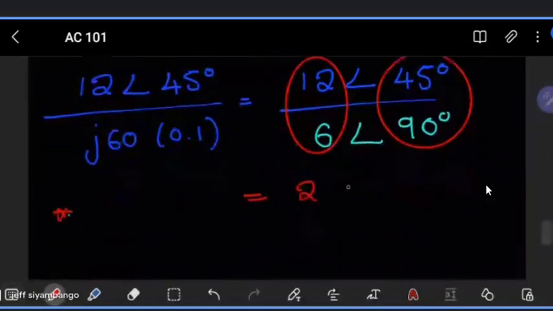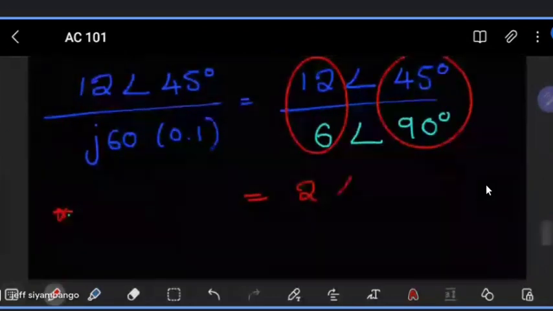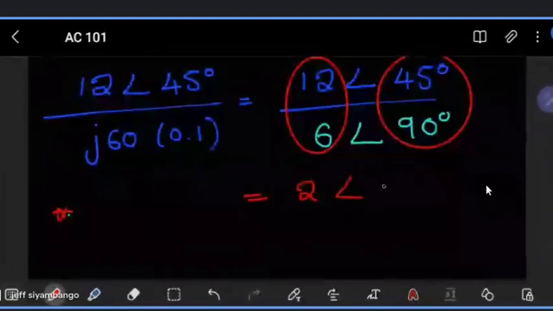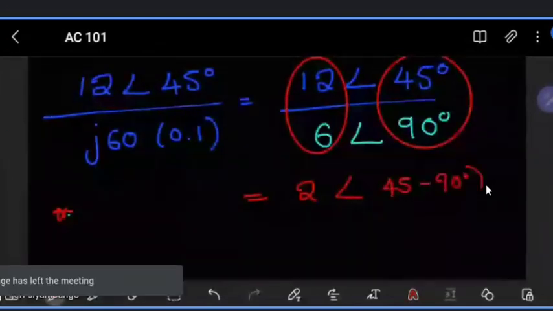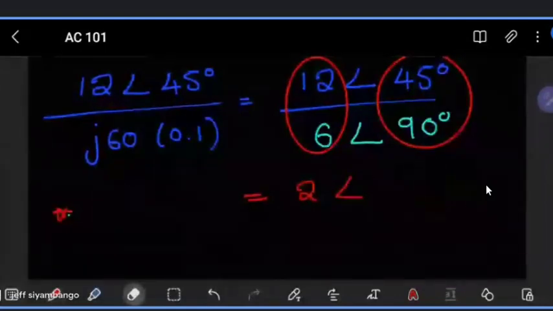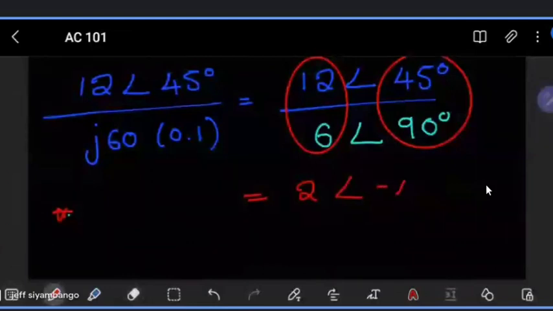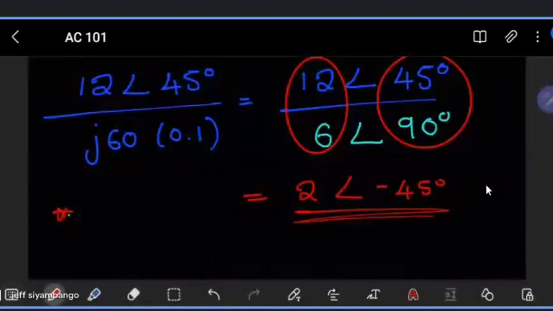In this case, the top part is 45, so this becomes the top part minus the bottom part, which would be minus 90. When you perform the subtraction here, this will give us negative 45 degrees. So this is what we end up with. This is how you deal with this polar algebra.